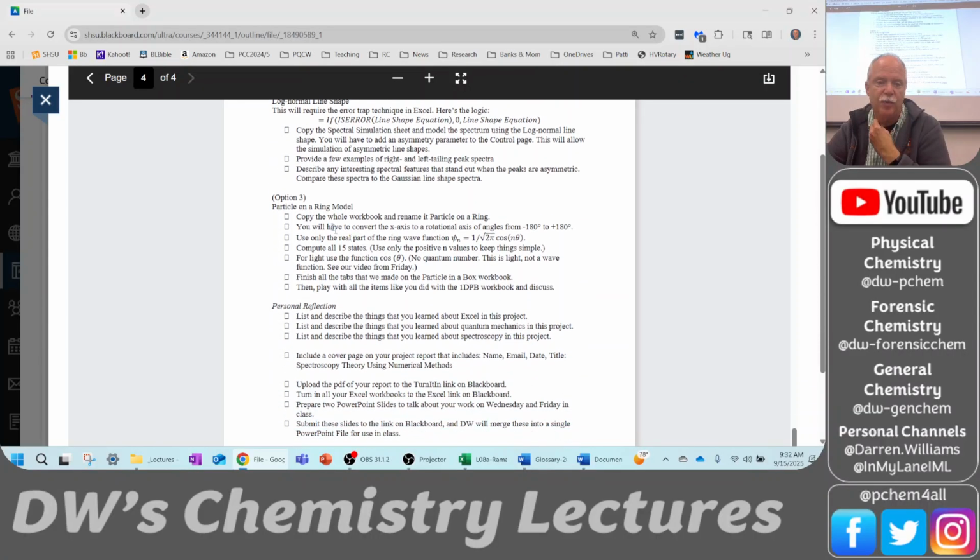You could try the particle on a ring. Again, this would be a whole new workbook. You would have to change quite a bit. This would be probably the most difficult one, okay? Because you would change your x from minus L over 2 to L over 2. You would have to make it minus 180 to 180, and you would have to figure out how to get that into theta, and you change the wave function.